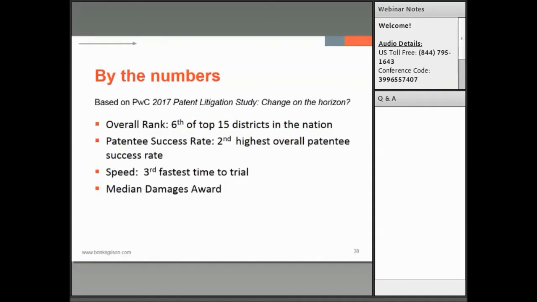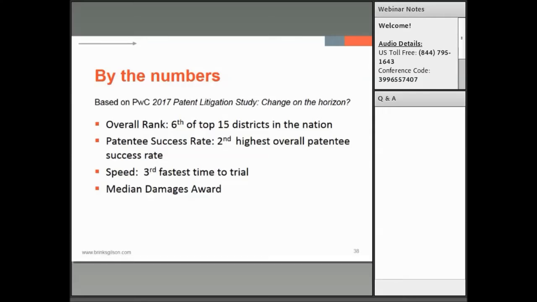Looking at the Florida success rate, right now in 2017, the percentage was 50%. So we're looking at pretty much a coin toss if you file a patent infringement action in the Middle District of Florida, and that doesn't sound particularly comforting until you consider that the overall success rate is 33% across all 15 of the districts. And kind of in front and behind us are Texas.